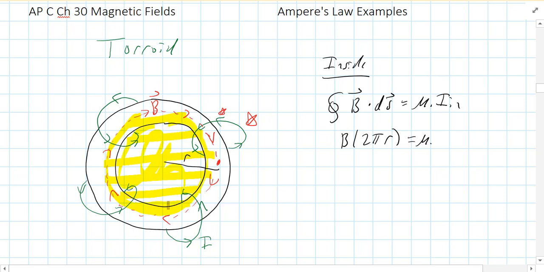What you'll notice is every wire goes into that circle right there. That's where each of those wires pokes into and through that circle. So basically, the current that pokes through the circle is the value of the current times the number of loops that you got.